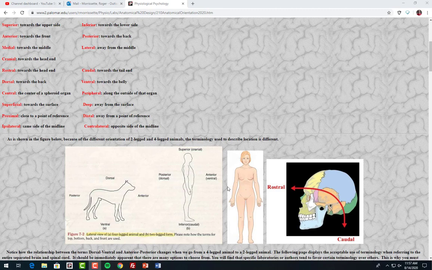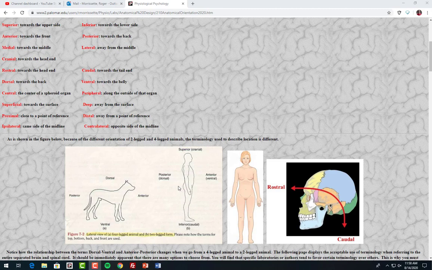Lateral is on the outside, moving out more lateral, and medial is moving toward the midline. Lateral moving out, medial moving in. Okay, so we can say Sarah here, her elbow is lateral to her navel, right? Or we can say her breast is medial to her shoulder. Make sense?